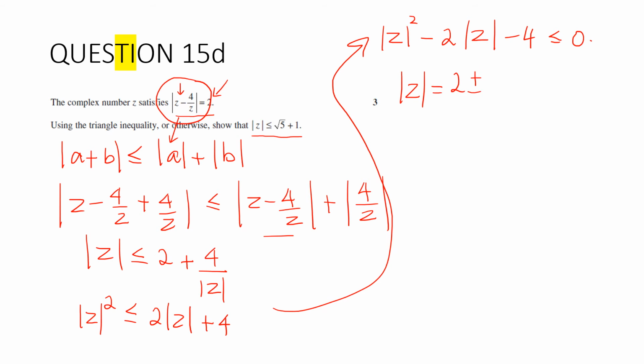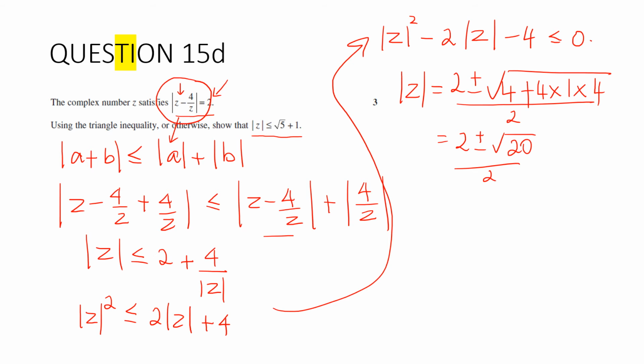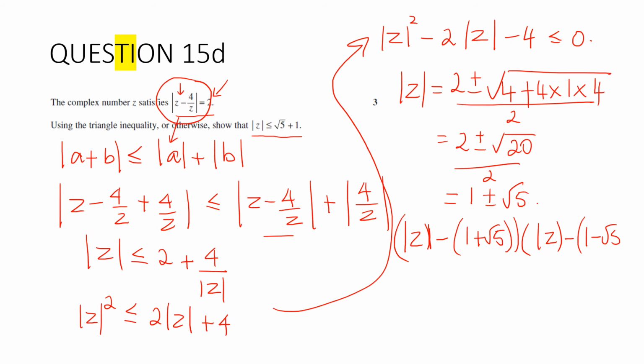Will equal 2 plus or minus the square root of b squared minus 4 times a times c all over 2a, which is 2 plus or minus the square root of 20 over 2, which is, square root of 20 is 2 root 5, so this is 1 plus or minus root 5, which means that mod z take away 1 plus root 5 multiplied by mod z take away 1 minus root 5 is going to be less than or equal to 0.